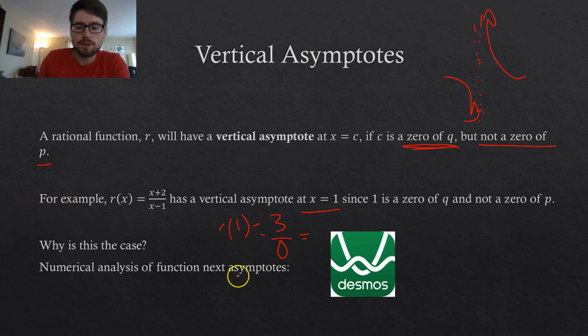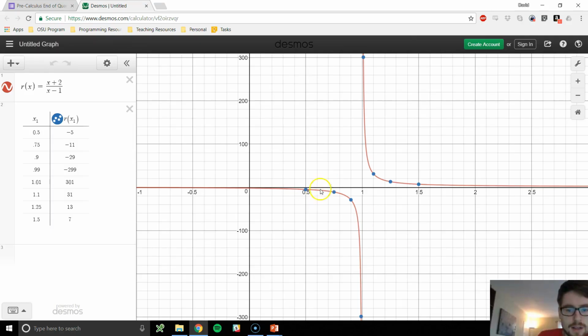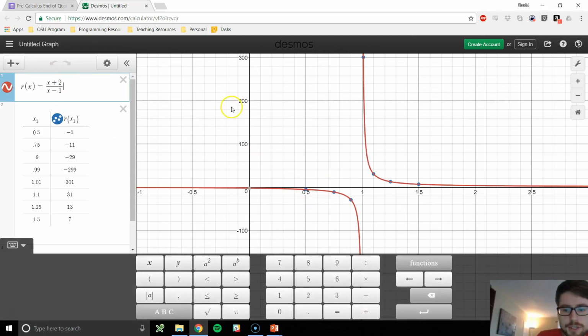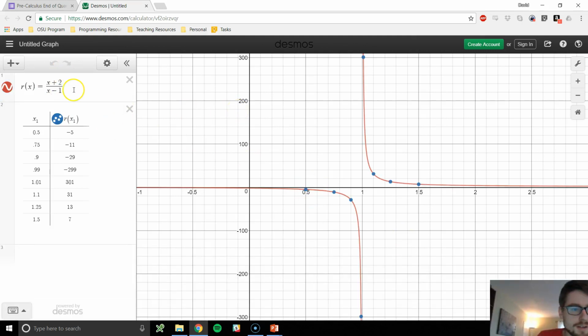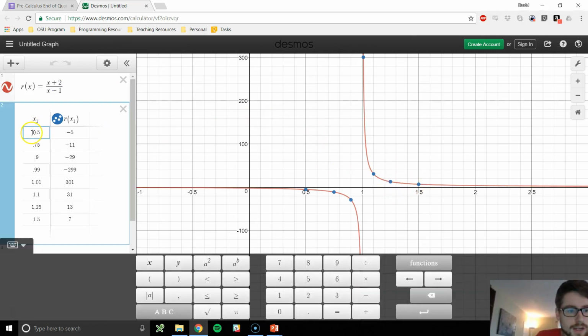Okay, so I have a little Desmos app here to highlight what's going on as we plug in numbers that are close to 1, seeing what the output of the function is. All right, so here's my (x + 2)/(x - 1) function, and I plotted some points that are close to 1. Here we're coming in from the left. We have 0.5, 0.75, 0.9, 0.99.